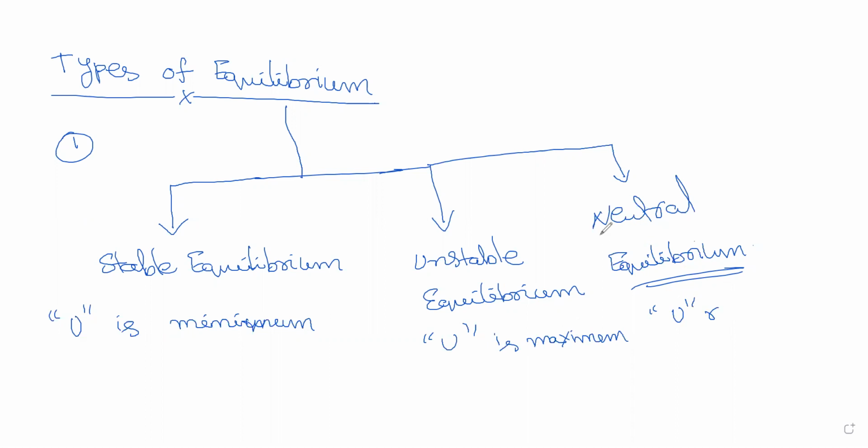U means potential energy. So these are the three things you have to remember for dealing with stable, unstable, and neutral equilibria. Make a note.